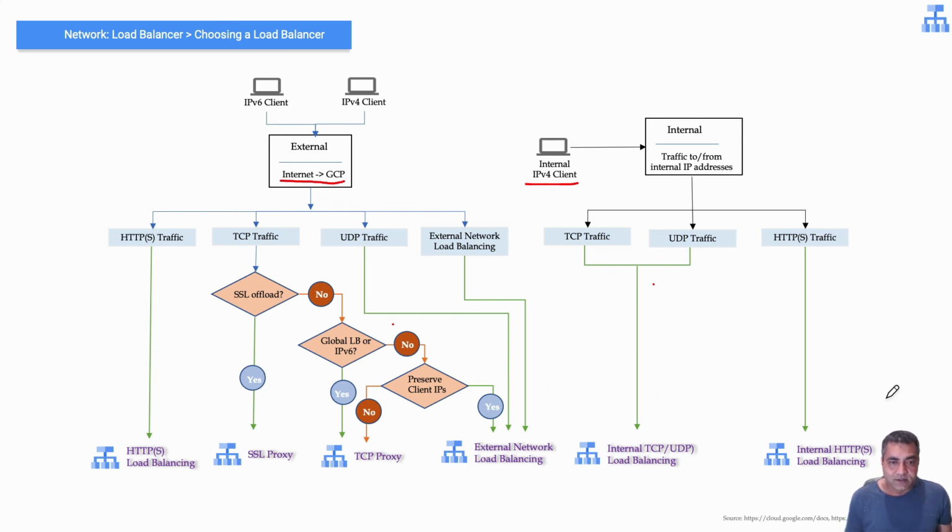So the intention of this slide was that load balancing is a very important capability for most applications, most highly scalable distributed applications, and most web applications. It's a very important concept.